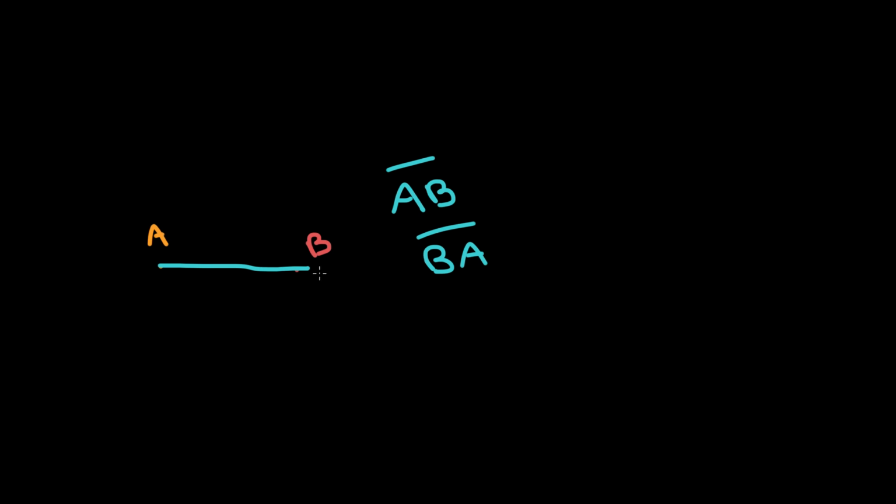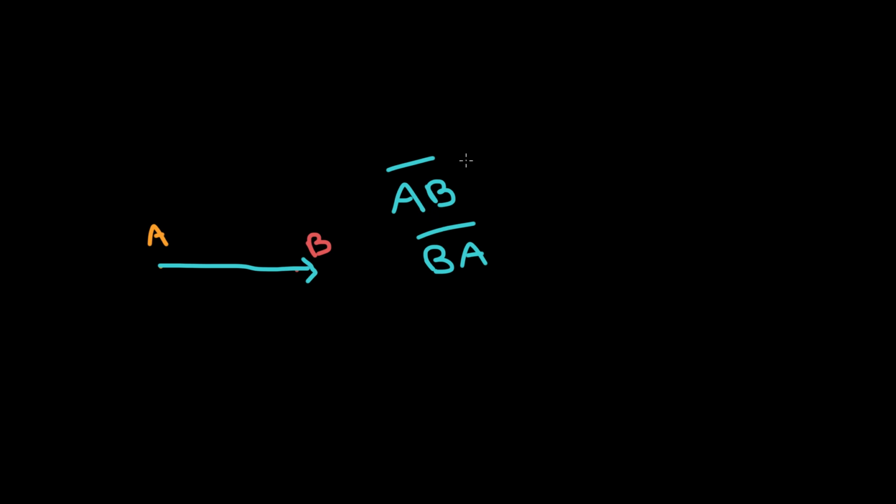Okay, so how about rays? Well, a ray is a part of a line with one endpoint and all the points extending towards and past the next point. So, for example, we could do something like this. We could just add an arrow on right here. So now we're going to have ray AB.